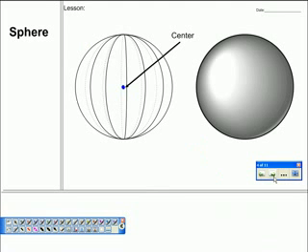It's a ball, and it's got a center. If you go out from the center to the edge, there's a radius. This has, in my opinion, the most unusual volume formula. It's 4/3 pi r cubed, I think, for the volume of a sphere. It has a diameter, radius, center. It's not made up.